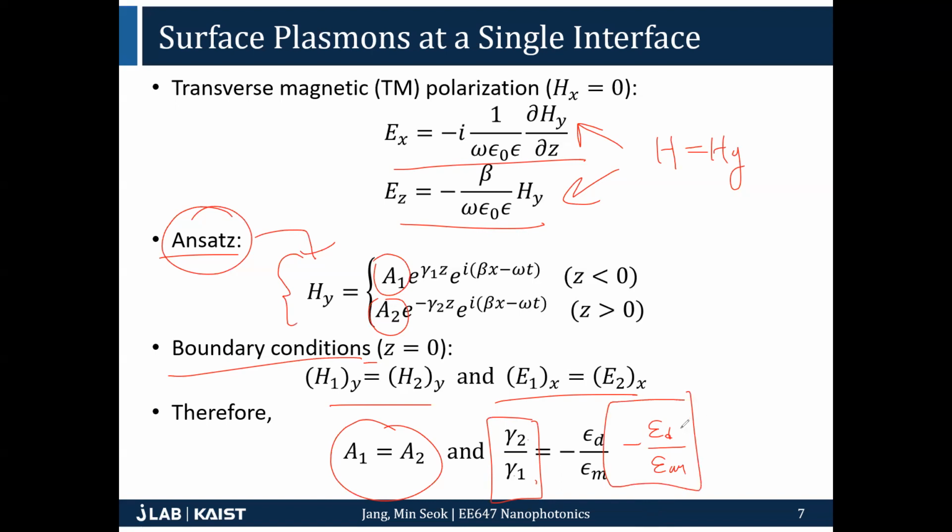And one good thing is that epsilon D, the dielectric permittivity, is always positive, and the metallic permittivity is negative. So minus epsilon D over epsilon M, this entire thing, is positive. So there's no problem, right?